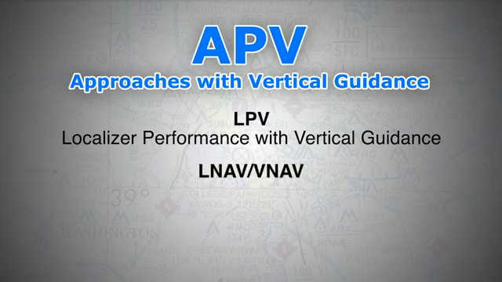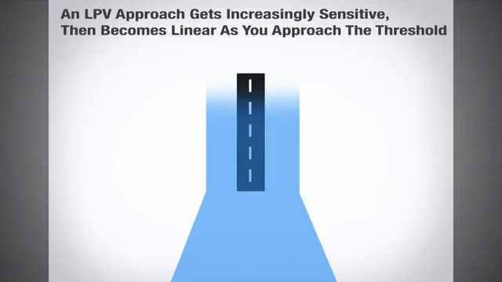Next, LNAV/VNAV. It is also an APV approach. As the name denotes, it provides both lateral and vertical guidance. There are two major differences between LNAV/VNAV approach and LPV approach. Firstly, the sensitivity of LPV increases as we get closer to the threshold. Thus, it is more accurate.